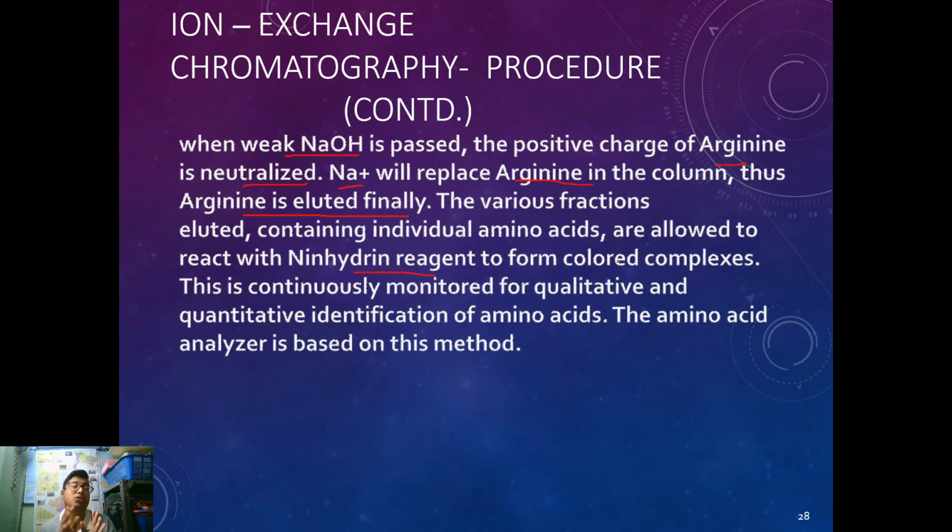So it's very easy. In cation exchange, we apply a mixture of different amino acids. The one with more positive charge will adhere, and the one with negative charge will automatically come out. Then we add a stronger cation, which is sodium. Sodium will replace the arginine, and then arginine will also come out in the elution buffer.